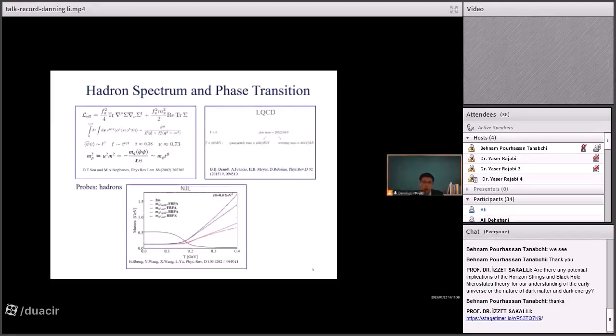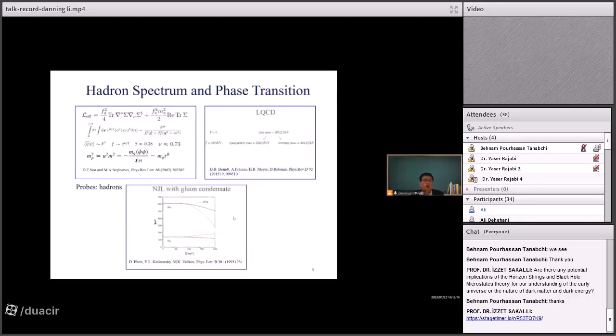Also, for most of the Angel studies, they give an increasing pion pole mass below the transition temperature. However, in the earlier study, they show that if one considers the gluon condensate, then the pion pole mass will decrease.